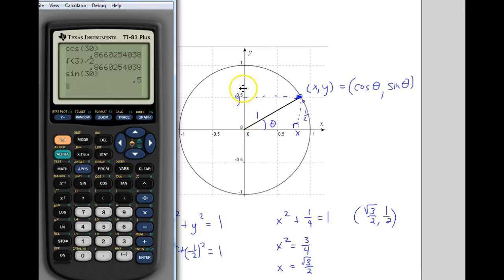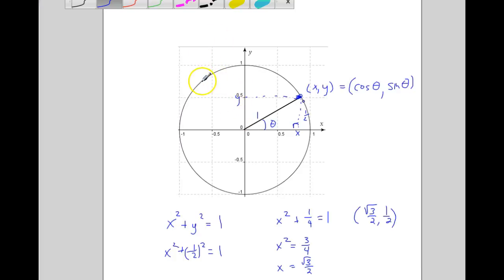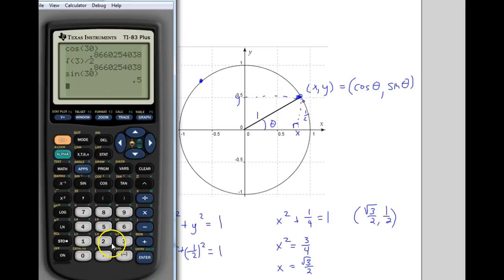Now if I go beyond 90 degrees, if I get into this second quadrant, notice any points over here, the x-coordinate is negative and the y-coordinate is still positive. So this point right here, I'm at halfway between here, so it's 45 degrees in the second quadrant.